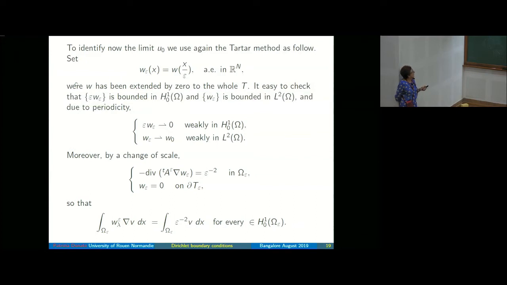Okay, here we are interested in looking at epsilon w epsilon instead of putting epsilon here. So now, by change of scale as before, we have this equation in the whole of omega epsilon. Here we have epsilon to the power minus 2, because before it was 1, but then you have two derivatives, one from the gradient and the other from the divergence, so you get twice epsilon.